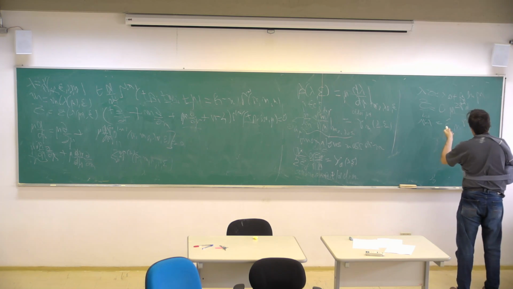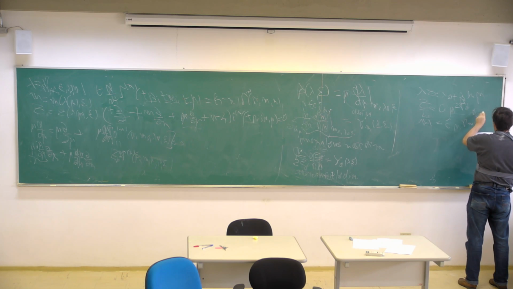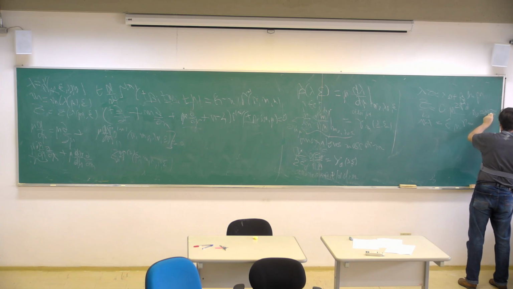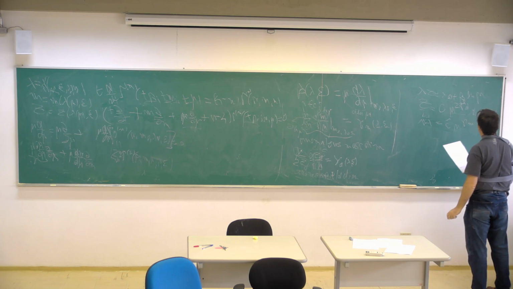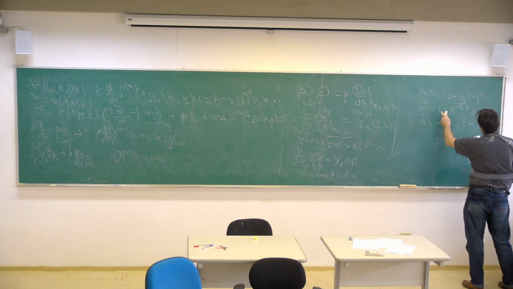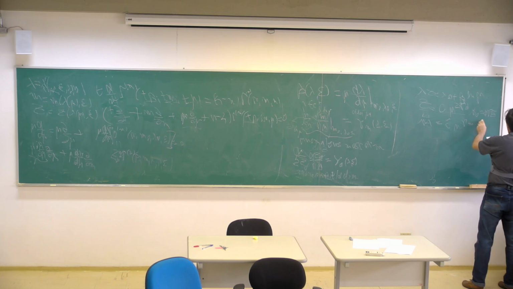Oh, and by the way, the factor of 2 is because of the square root. So I have that phi 0 was phi times the square root of z, so I'll have mu to the power gamma d.